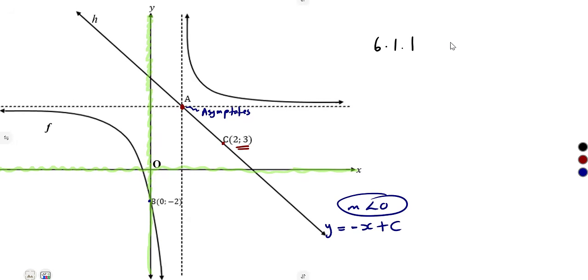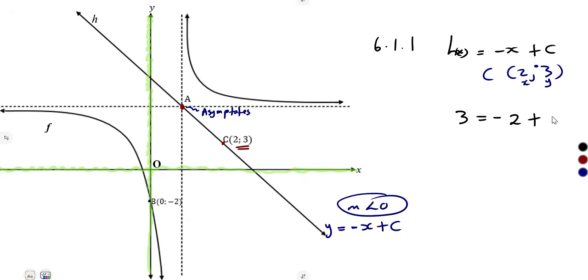So our h(x) is going to be given as -x + c. Just determine the value of c from the given point (2; 3). From the point C, which is given as (2; 3), we have got the x value and the y value, so substitute. The y is 3, so 3 = -(2) + c. So that's how we are going to have the value of c.